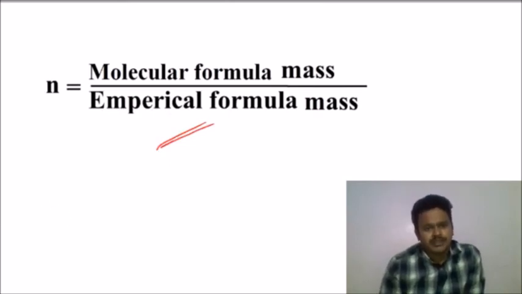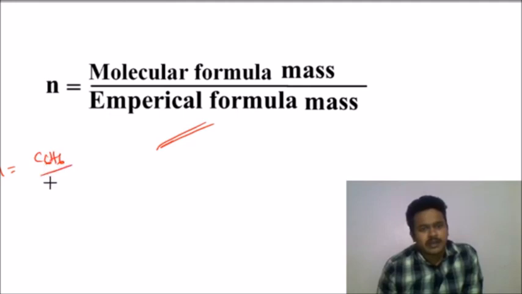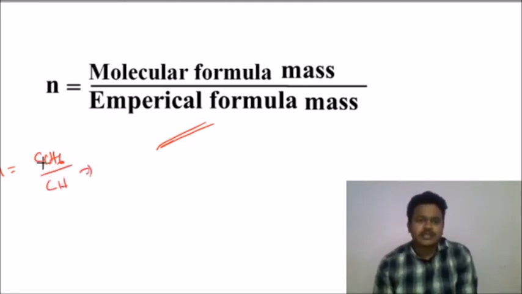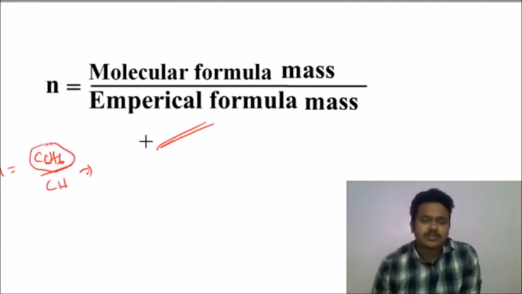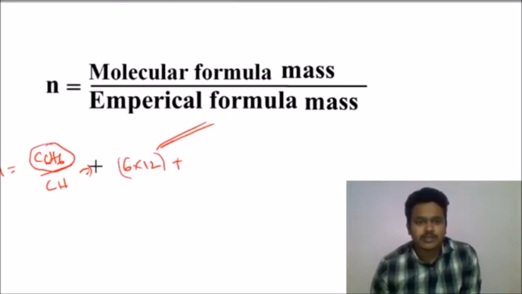If you want to check, we can check the n value. For example, molecular formula of benzene, I will take C6H6, and the empirical formula CH. What is the molecular mass for C6H6? 6 carbons are there, 6 into 12, plus 6 hydrogens, 6 into 1.